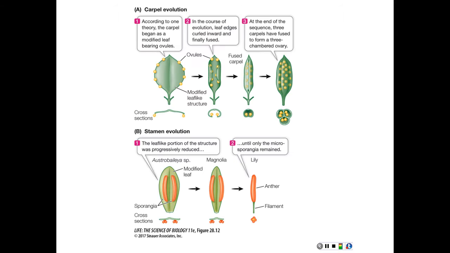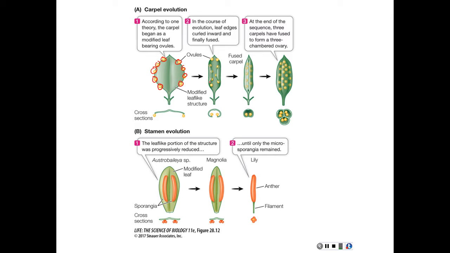So let's just look for a second at the evolution of these different structures. As I said, most of these are modified leaves. And this is a hypothesis of how this came to be. So we have this idea that we had this leaf where the ovules were just born along the margin of these leaves.